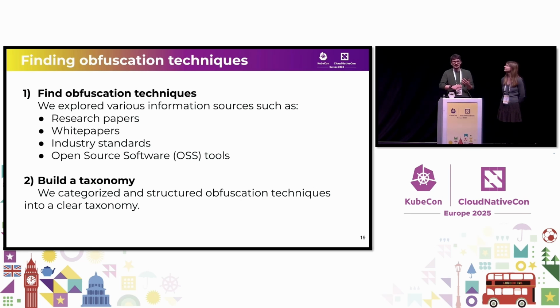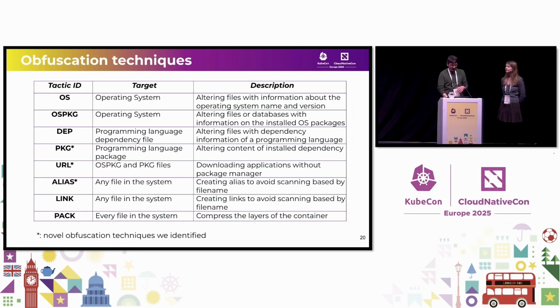We then built a taxonomy of the different types of techniques that can be used to obfuscate the content of a container image. And here is the list of 8 techniques that we were able to devise. Bear in mind that all of this assumes that the creator of the Dockerfile has a non-malicious intent.